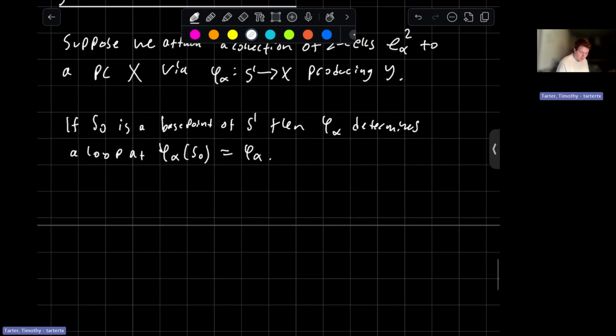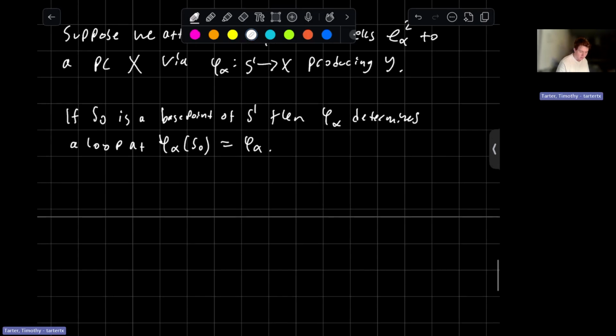Even though technically loops are maps, we're just going to treat it this way.